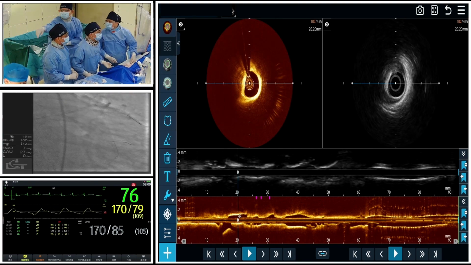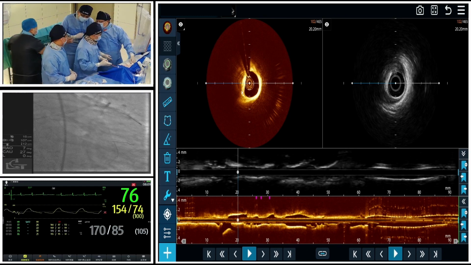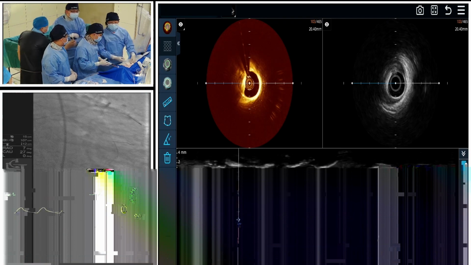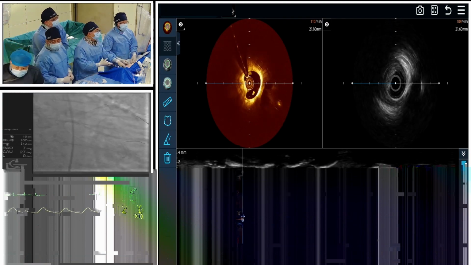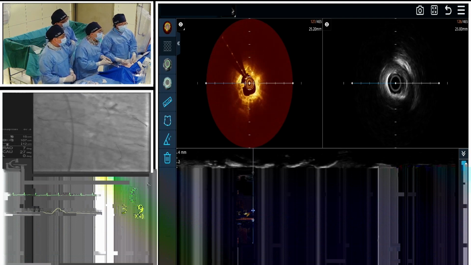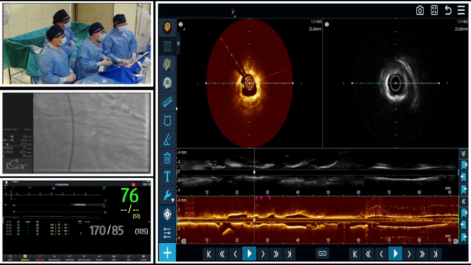And also with pulling back, we can see that this calcified plaque is relatively deep, and also the thickness is relatively big. As we pull back from the proximal part of LAD, we can see some calcified plaque similar to circumferential. And also on the right side, we can measure the angle of the calcified plaque.